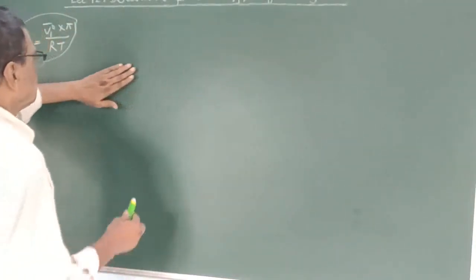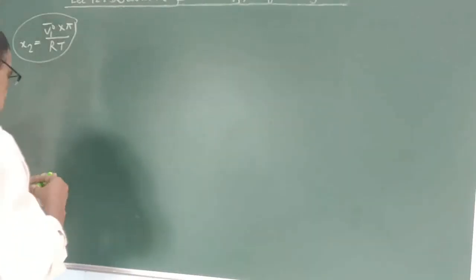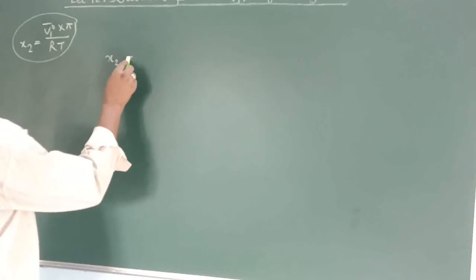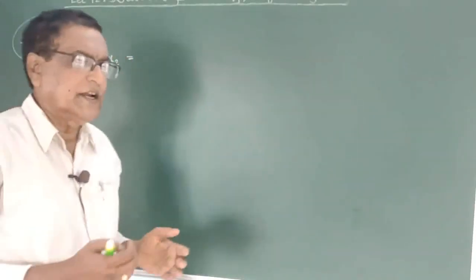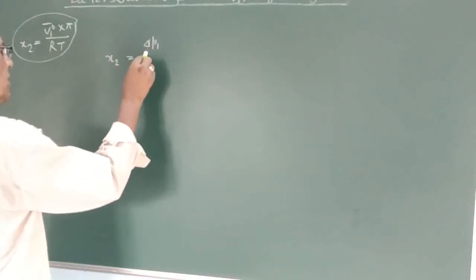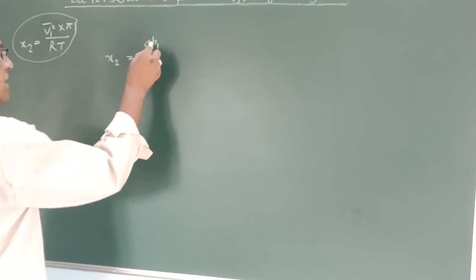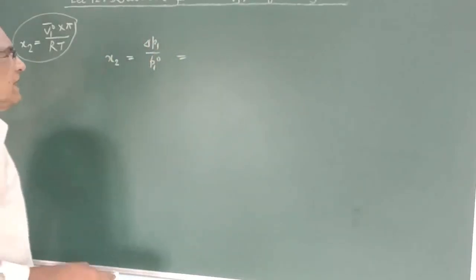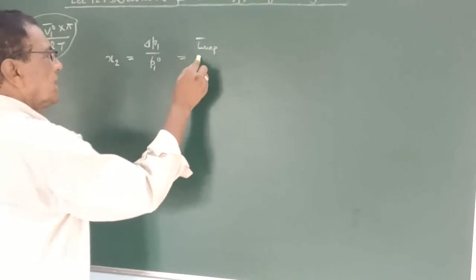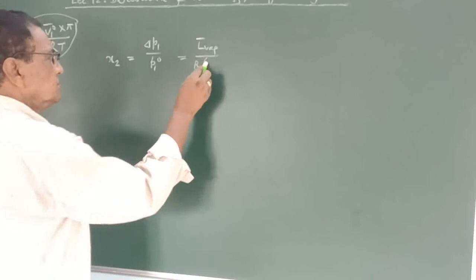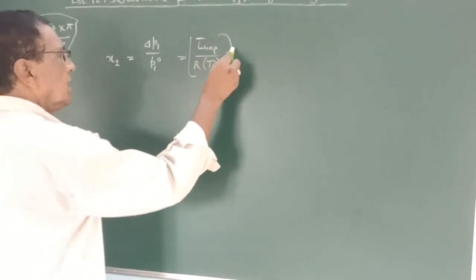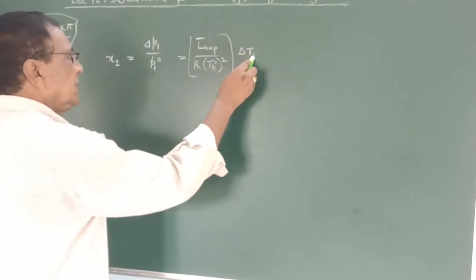This x2 is the bridge for interconnection. x2 equals del P1 by P1 naught, the relative lowering of vapor pressure, which equals L vaporization bar divided by R TB naught square into del TB.